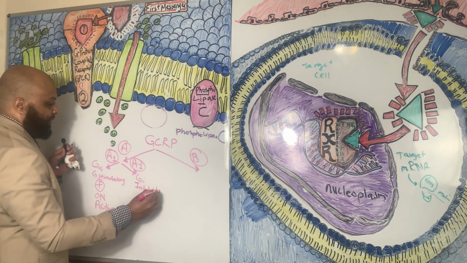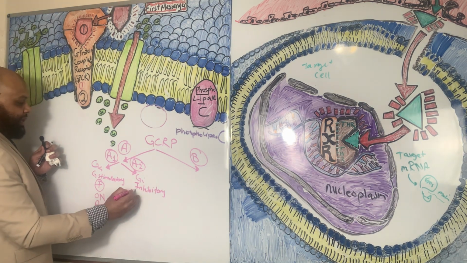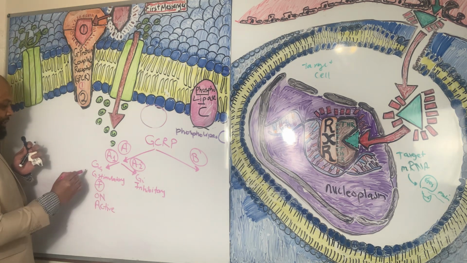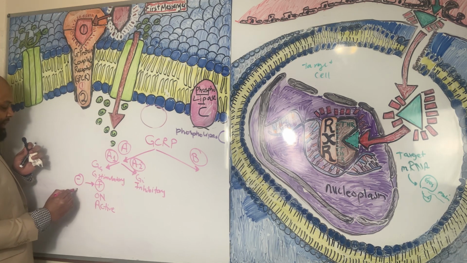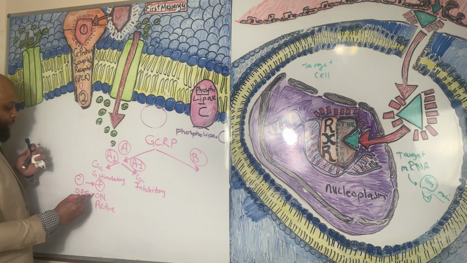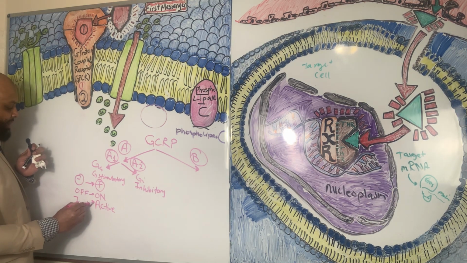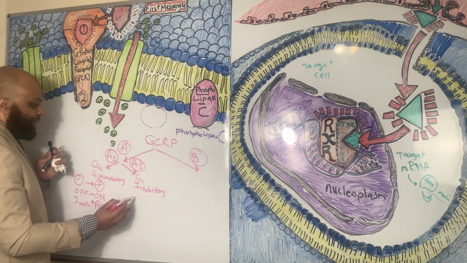The G stimulatory turned an enzyme that is negative into positive, that is off, into on, and that is inactive, into active. But the G inhibitory would now do the opposite.